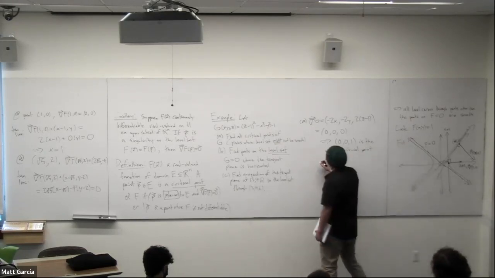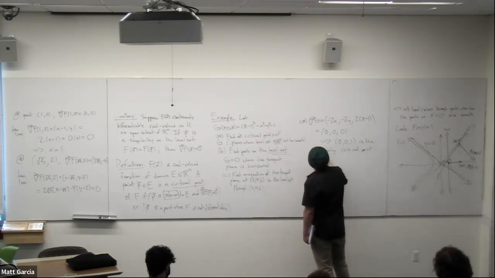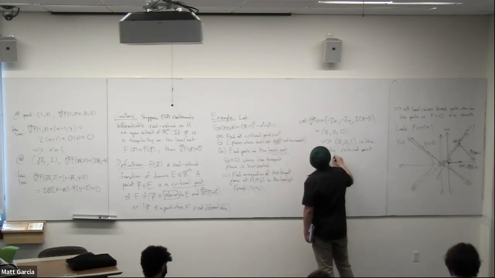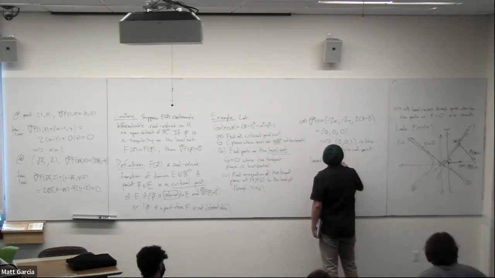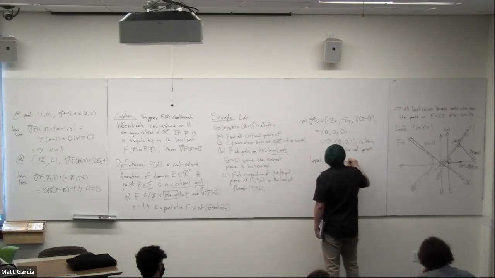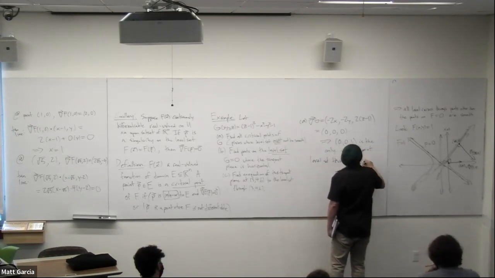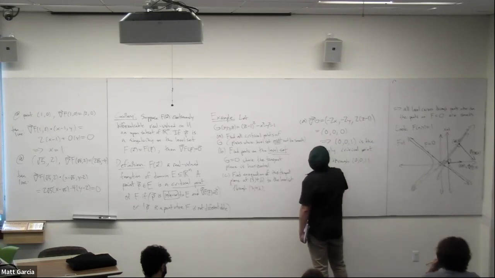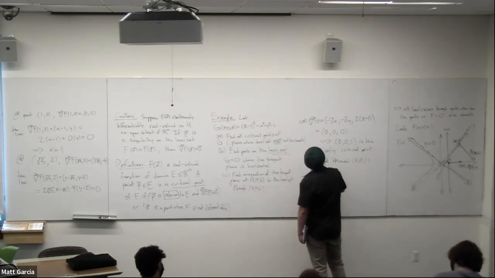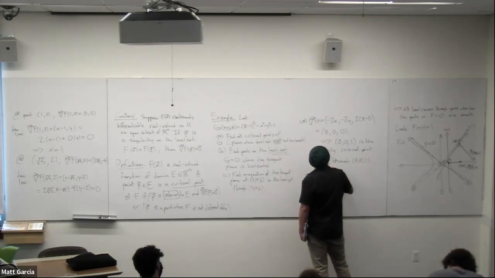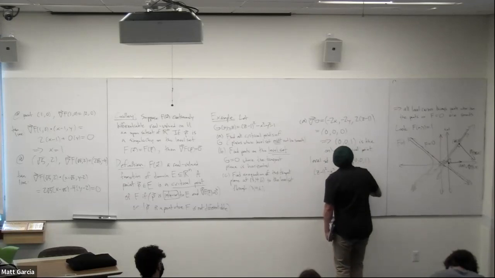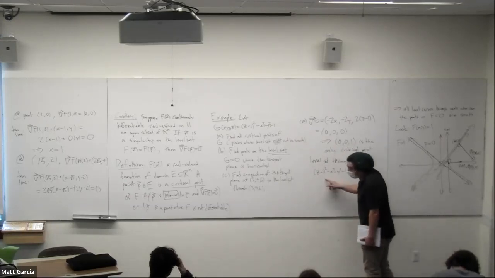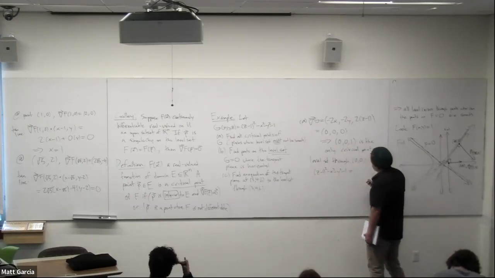Okay, so the level set through (0, 0, 1) is defined by our function (z - 1)^2 - x^2 - y^2 - 1 equal to this function evaluated at this point, right?